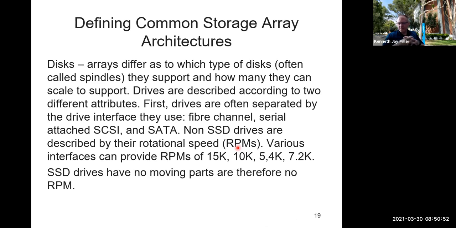Are they serial attached SCSI or SAS? Or are they SATA? Okay. Now, non-solid state drives also are going to have the attribute or the description of their rotational speed. So their RPMs. So we may say it's a SAS drive at 15,000 RPMs. So those would be the two descriptions.